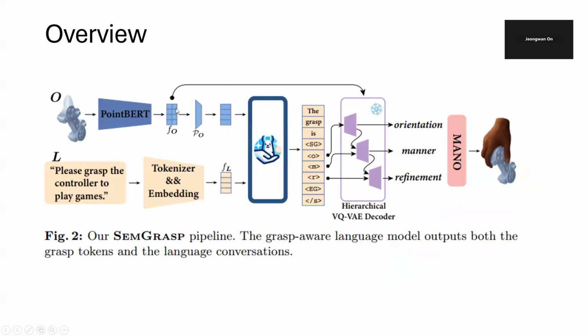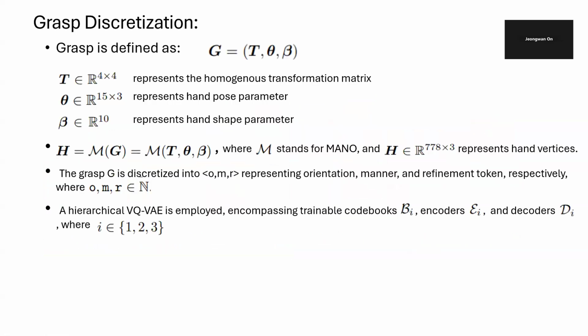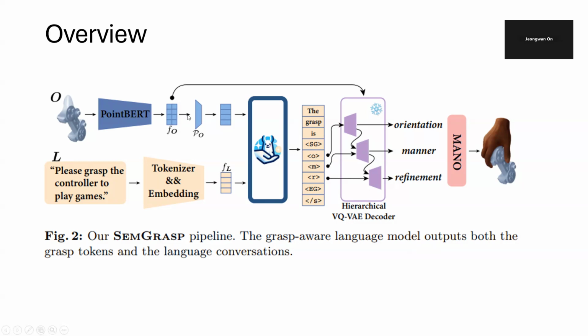And here's the overview. First, the object point cloud is fed into the PointBERT, which outputs point cloud features, which are then fed to the linear projection here.